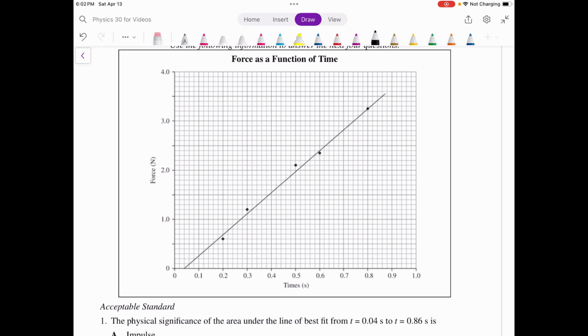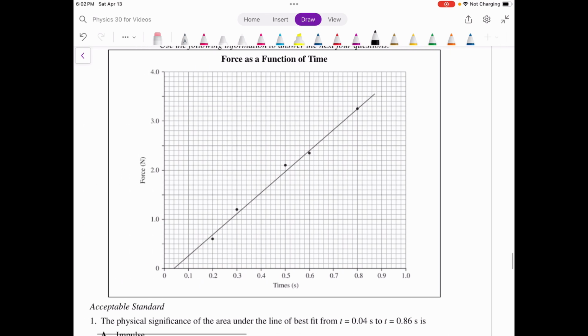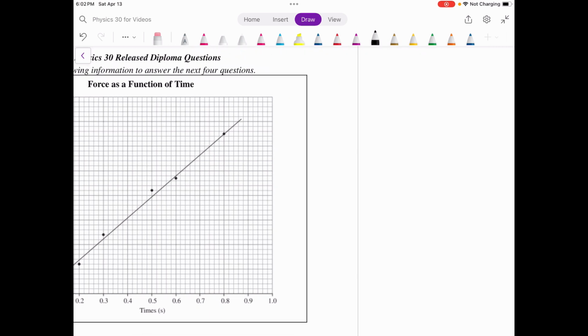Okay, well, what does area mean, right? What are we doing with the y and x variables if we're finding the area? Remember, finding an area is about multiplying 2 dimensions together. If we were in math and I asked you what is the area of that square, you would say it's y times x, right?